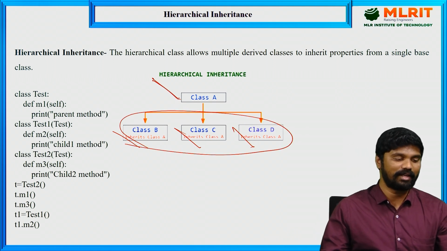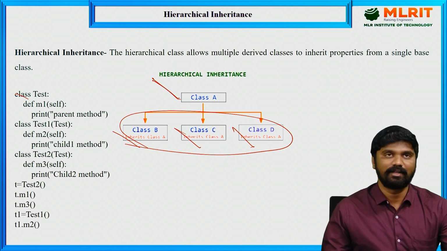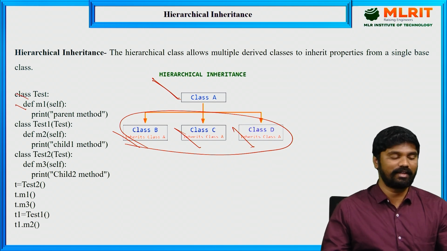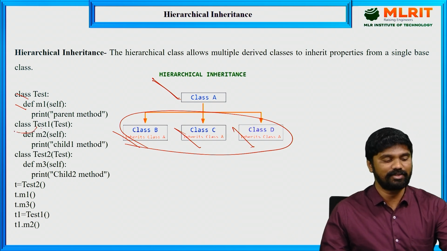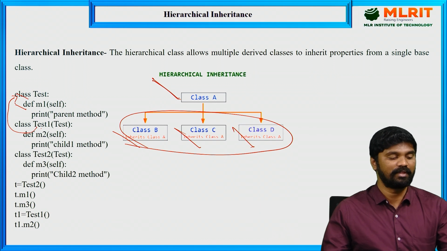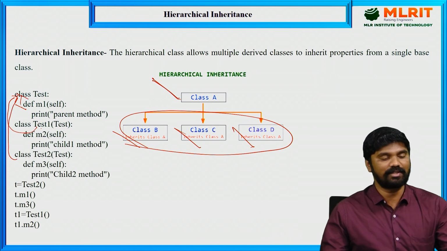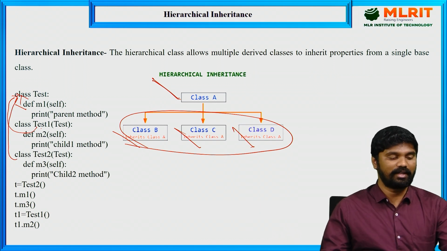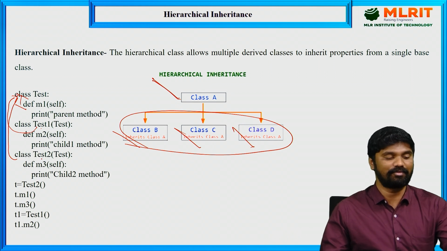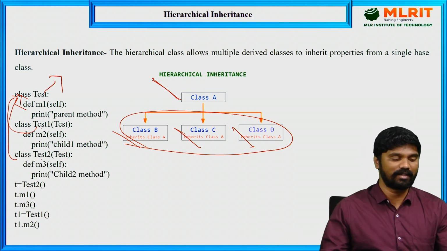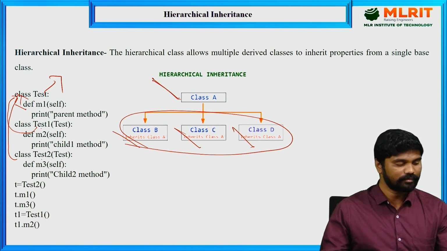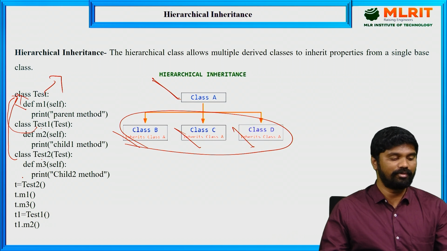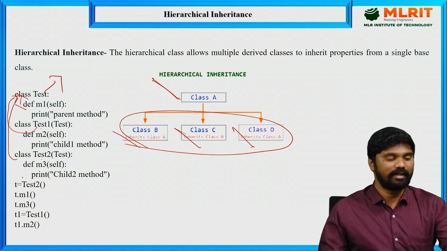Now see the example. In the test class we define an instance method, the parent method. Test 1 inherits the test class, and test 2 also inherits the test class. That means test 1 and test 2 are the child classes of the test class. The test class contains only one method.